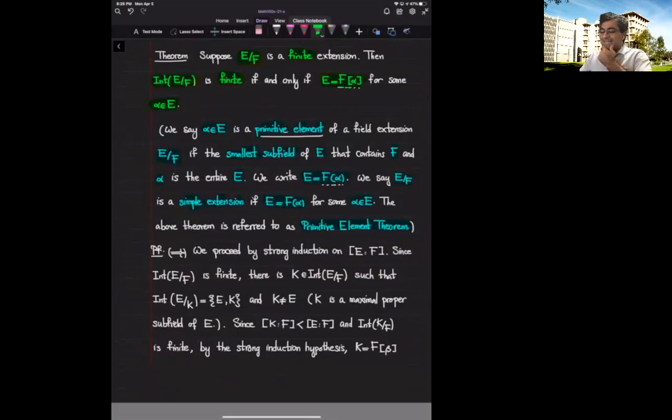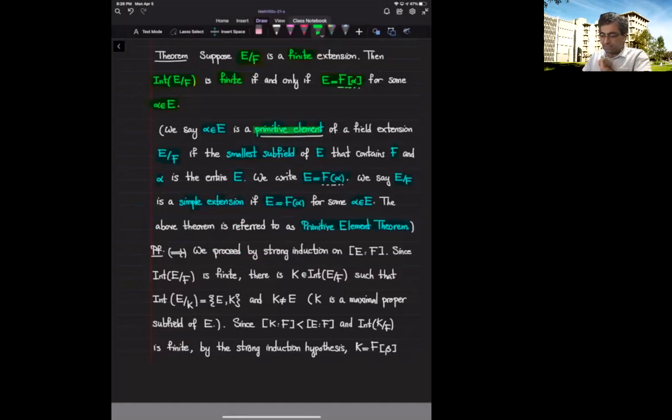So first thing is that if I can generate the larger field using a single element alpha and the base field, then I call alpha a primitive element.